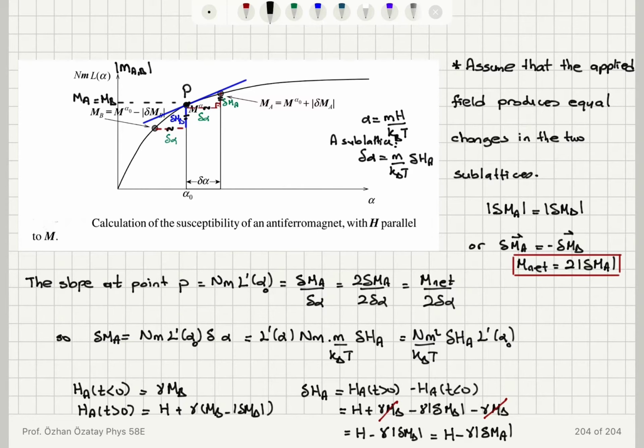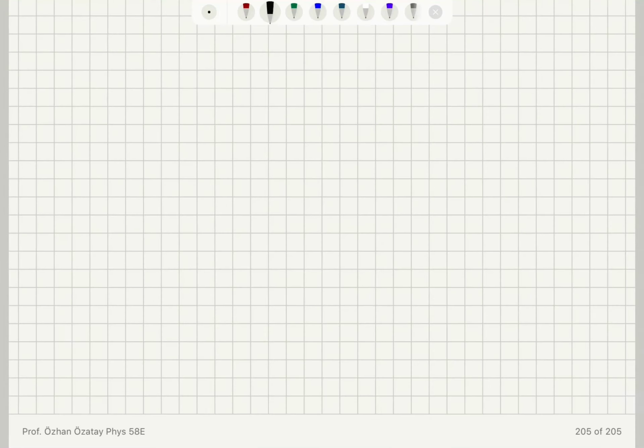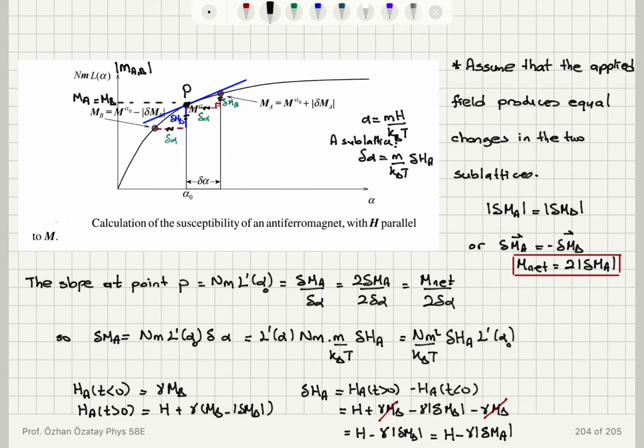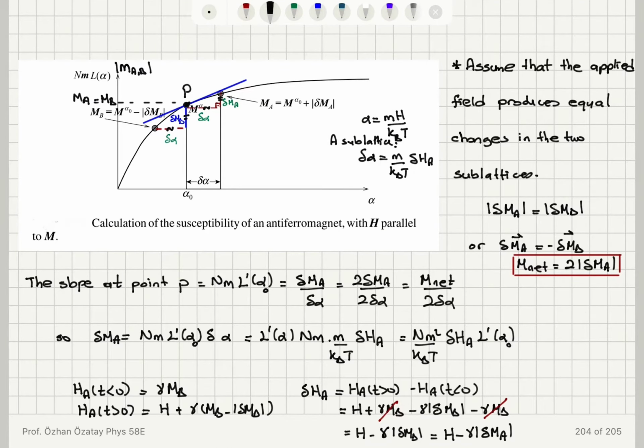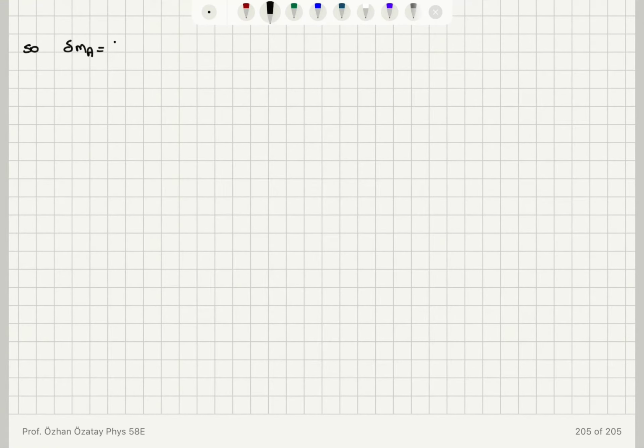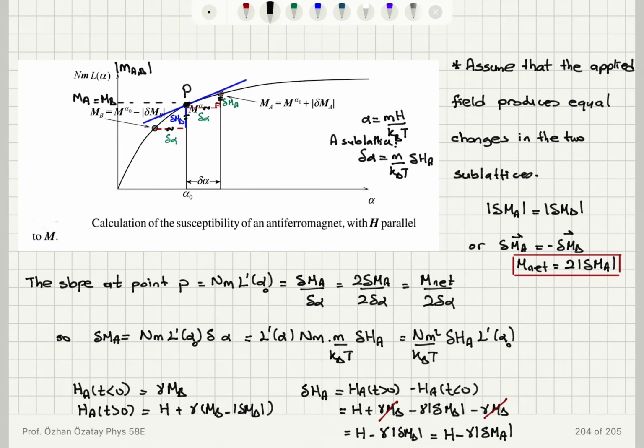So I can substitute that for my delta MA expression. So I had the following result. Delta MA was equal to, let me copy this equation here, N m squared over kB T. N was the number of moments per volume.